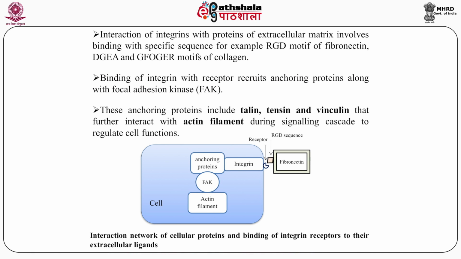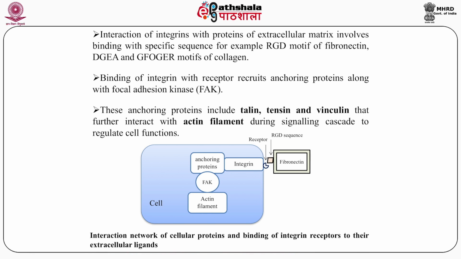Interaction of integrins with proteins of the extracellular matrix involves binding with a specific sequence, for example, the RGD sequence, known as the arginine, glycine, aspartic acid motif of fibronectin, or the DGEA motif of collagens. Binding of integrin with its receptor recruits anchoring proteins along with focal adhesion kinases.